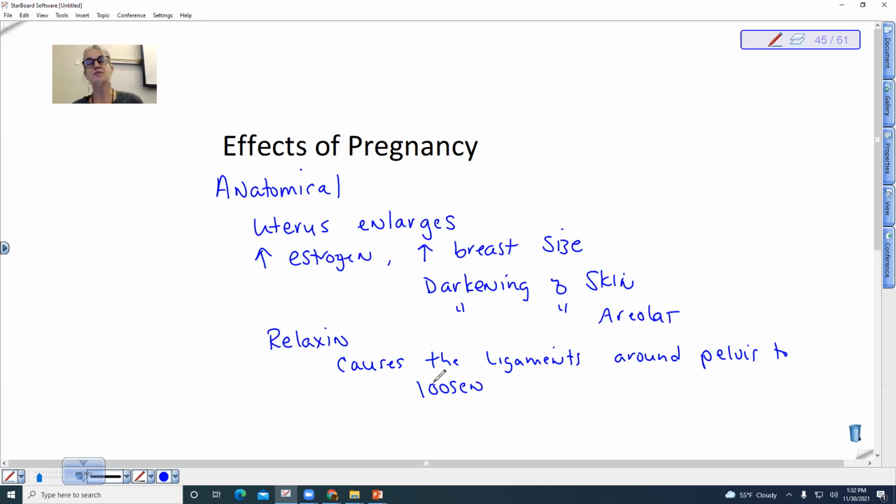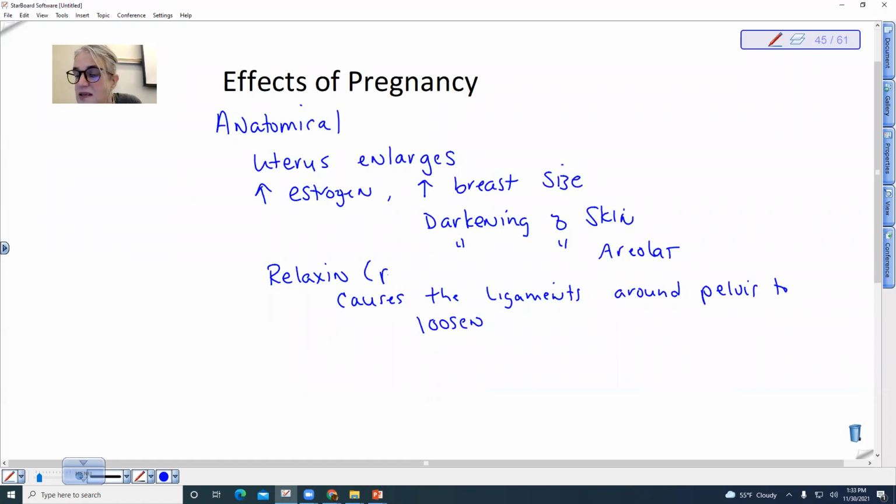You might have problems with pelvic alignment, and that might lead to some pain associated with walking. But this is going to be really important because during childbirth, that pelvis needs to allow the head of the fetus to move out. And so it needs to be able to expand a little bit.